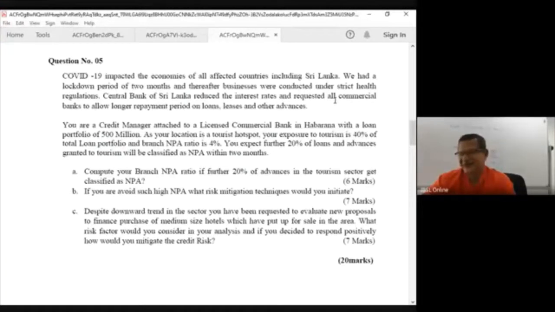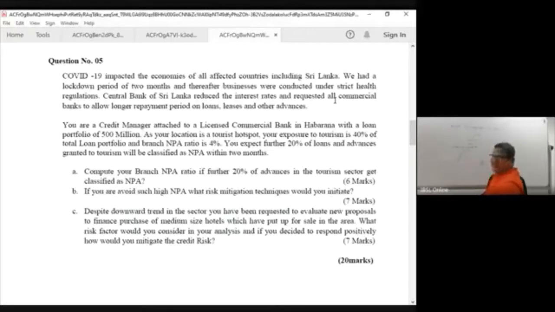Then also you need to understand you are exposed by 200 million to these customers. Out of this 200 million, 100 million will come as NPA. When this 200 million was there, only 4% of which is 20 million was NPA.